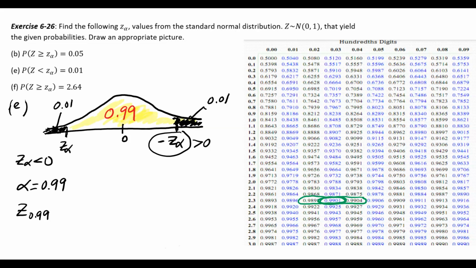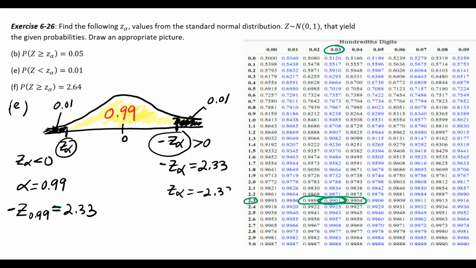That's the closest value that we have. What is the z-score associated with that? It's 2.33. So I know that this value, this is actually negative z sub alpha, is equal to 2.33. Well, we want to figure out what z sub alpha is. Z sub alpha is going to be the negative of that. So z sub alpha is going to be negative 2.33.